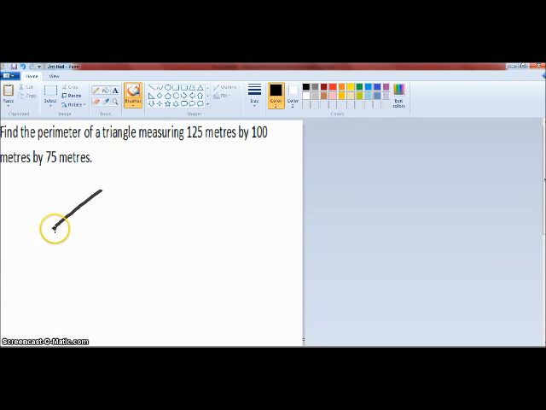A triangle is a shape which has three sides. So if this side is 75, the other one is 125 meters, and the other one is 100.